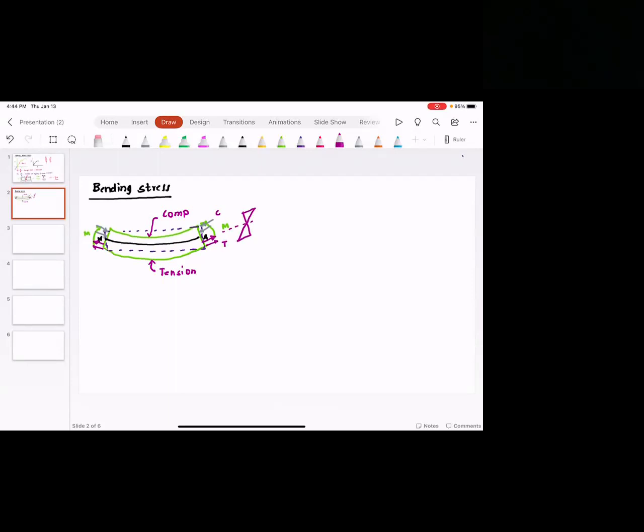Everyone understood this? Can someone tell me the fundamental equation of bending?